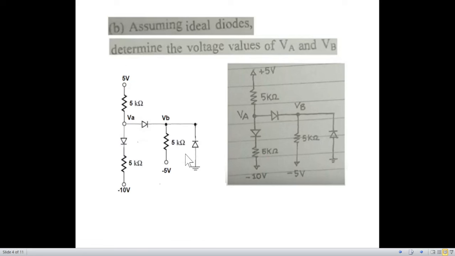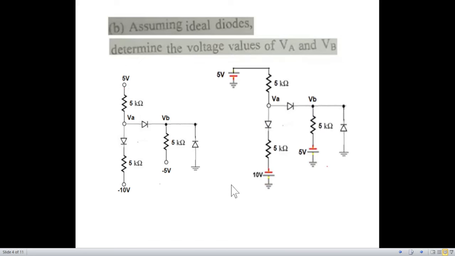Now for this, I have redrawn the circuit here, exactly the same circuit. And now I feel more comfortable connecting batteries. Instead of +5 volt, I connect a 5 volt battery, and here -10, so I connect a 10 volt battery, negative connected to this circuit, positive to the ground.